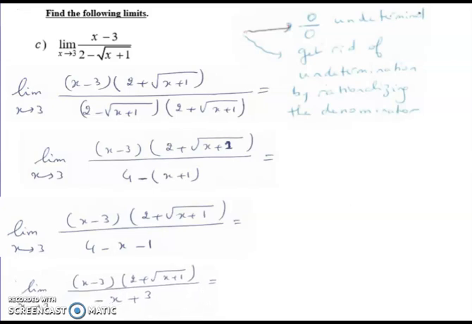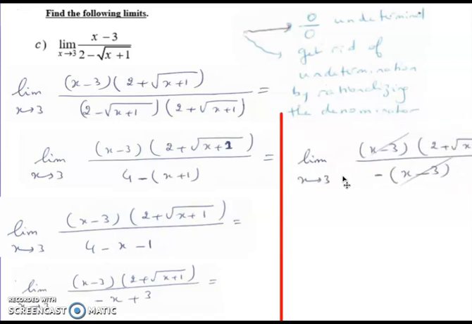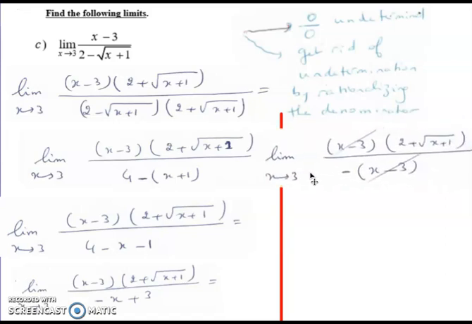We notice that we have a relation between a factor in the numerator and the denominator, which is x minus 3, and in the denominator minus x plus 3, the opposite of x minus 3. We factorize the denominator by minus 1 to get x minus 3.